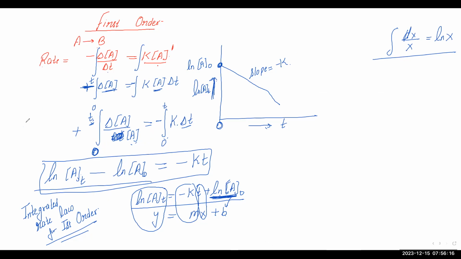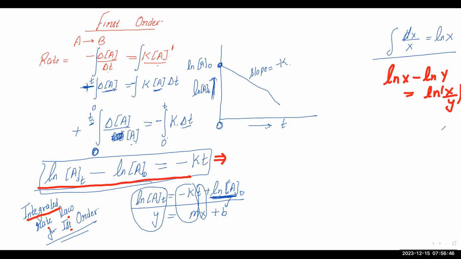But you know, children, this equation, the one which I have written here, which you are saying is the integrated rate law for first order, has a different format mathematically, which I have done with you in Unit 0. What is ln x minus ln y? You know that is ln x over y.